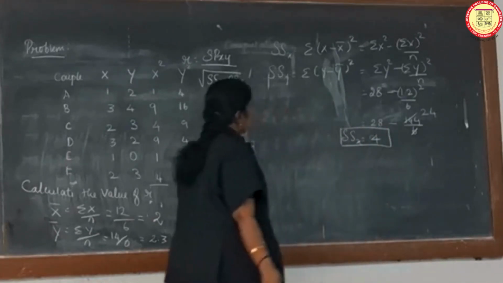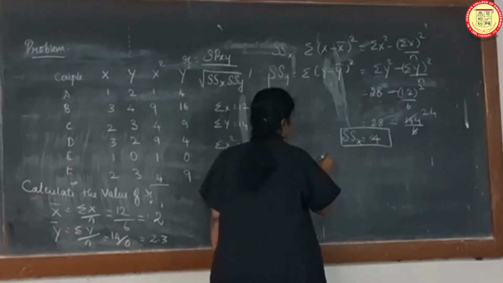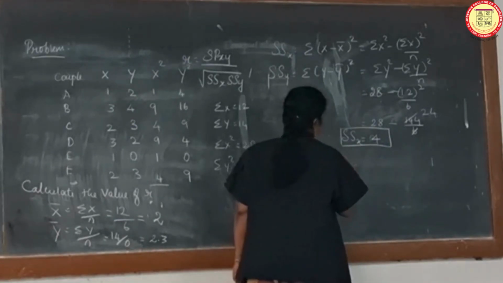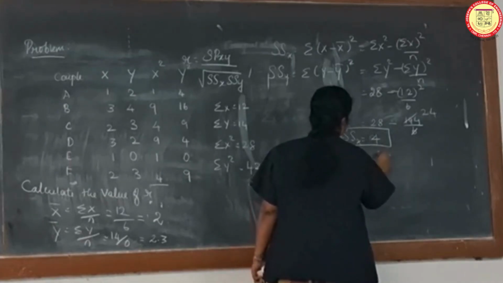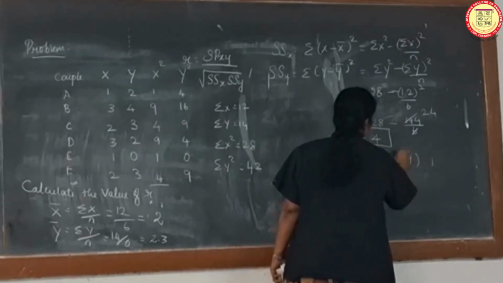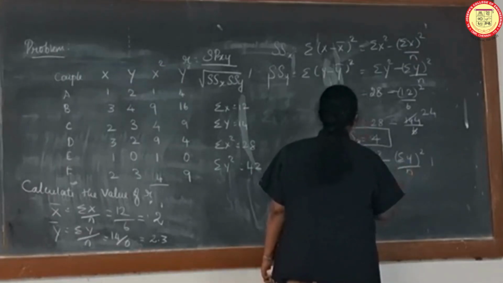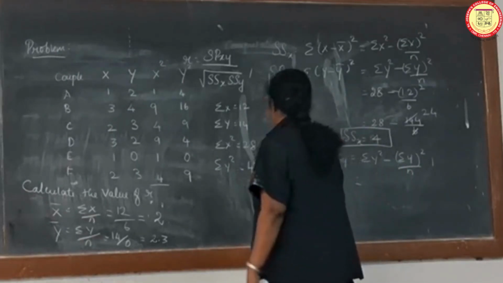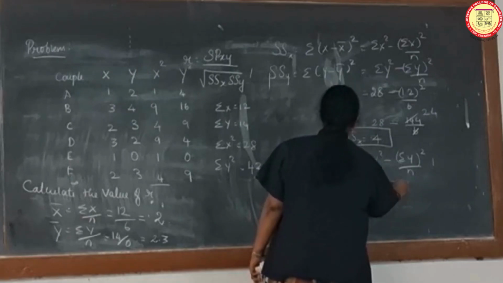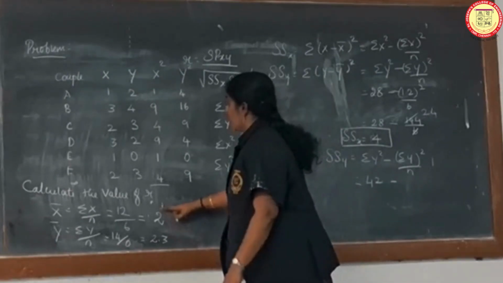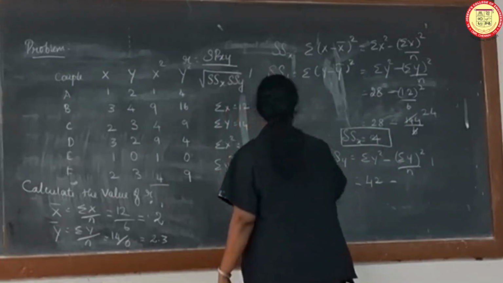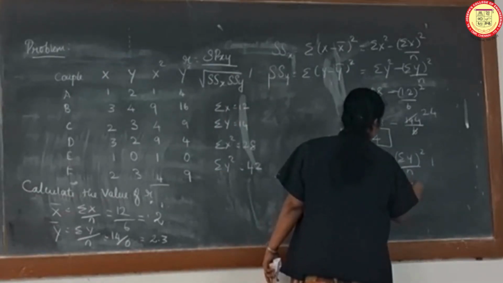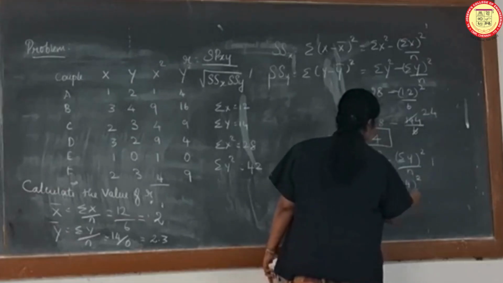Okay. Now we have to calculate the SSY. SSY is equal to summation y square minus summation y the whole square divided by n. So summation y square value is 42, so 42 minus summation y the whole square, 14 square, divided by n, which is 6.